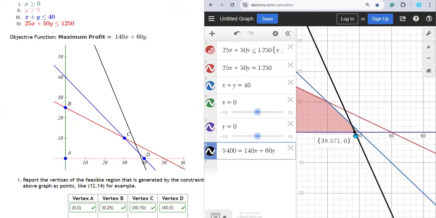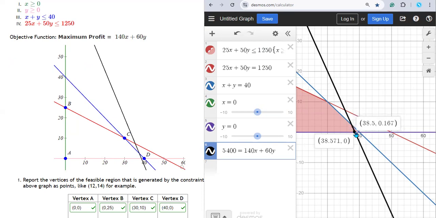this point is now feasible. This point right here, the intersection of the blue and the black, is now feasible, right? Any point on the black line between this point here and that point there is feasible. Correct? So all these points are feasible.